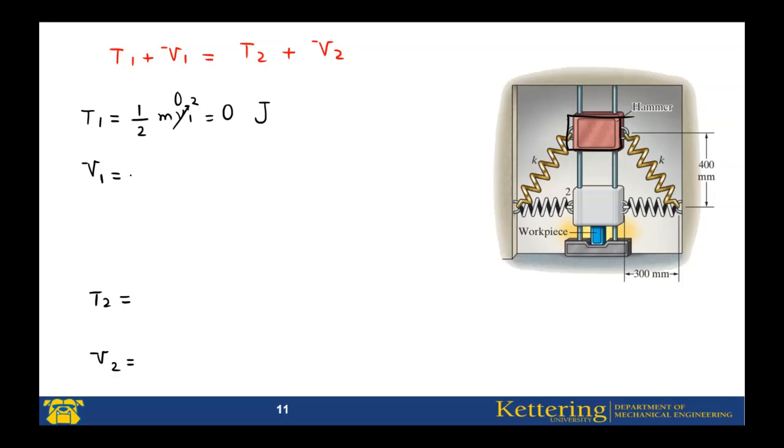Now, V1 is the potential energy because of the elastic spring at position 1 plus the potential energy because of gravity at state 1. If I consider this line as a datum line, you can also consider here as a datum line. It's up to you.